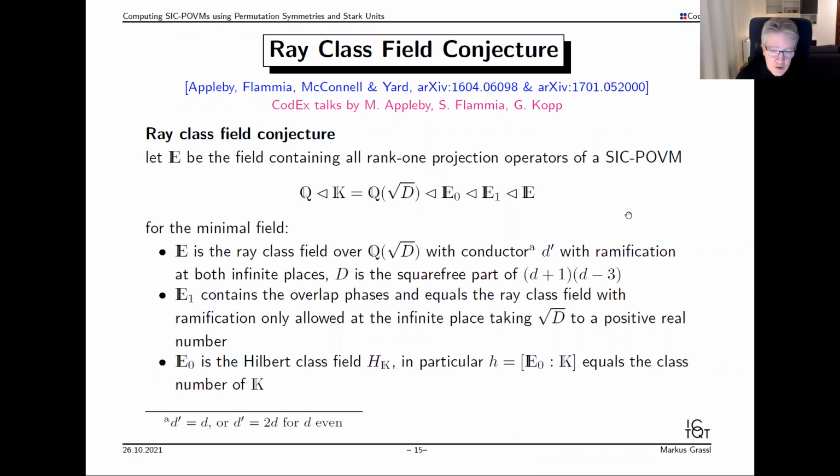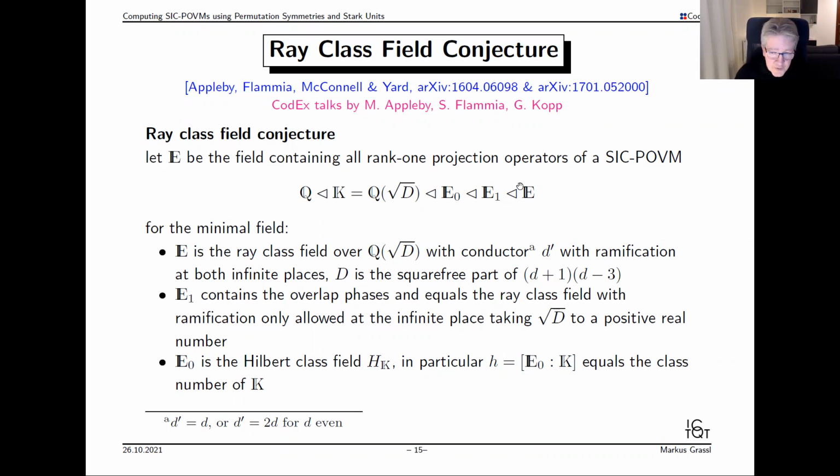It turned out that the fields in which the solutions live all have a very nice structure, and that led to what I sloppily call the Weyl class field conjecture, saying we are starting with a quadratic field over the rationals. They're taking the square root of a positive number, which is the square-free part of (d+1)(d-3), d being the dimension we are in.